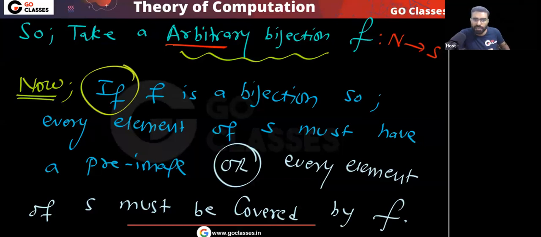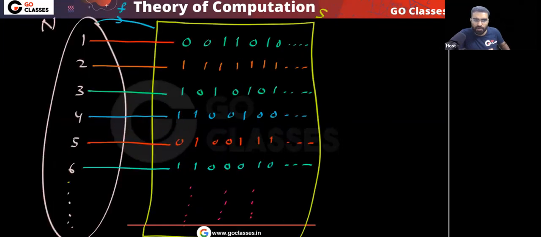You are saying that if F is a bijection, then every element of S must be covered. But what can we do? We can create an element which is not covered.